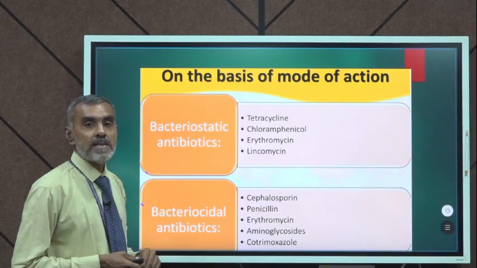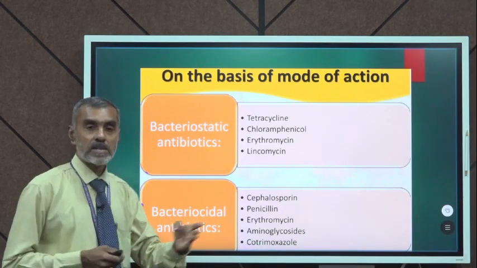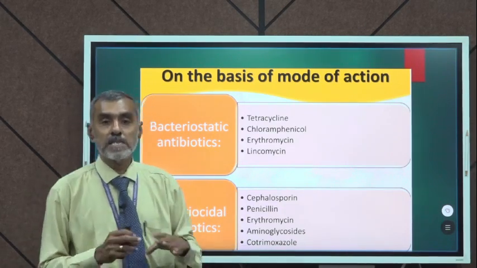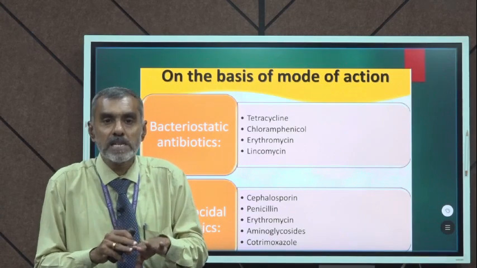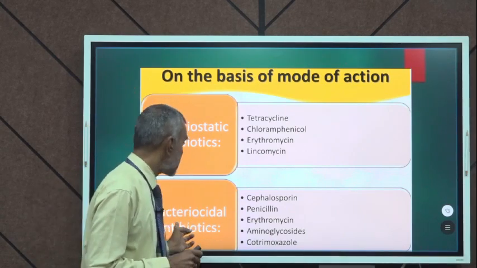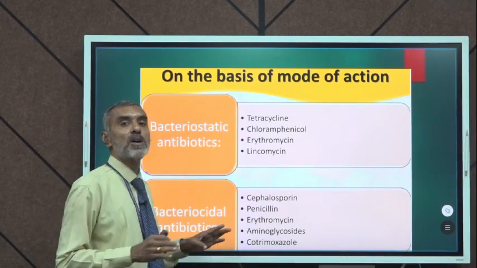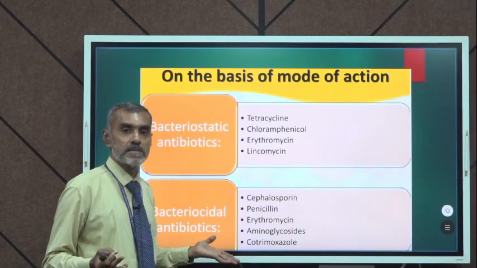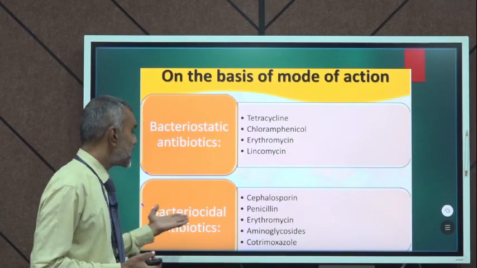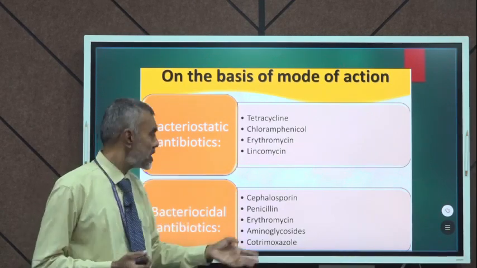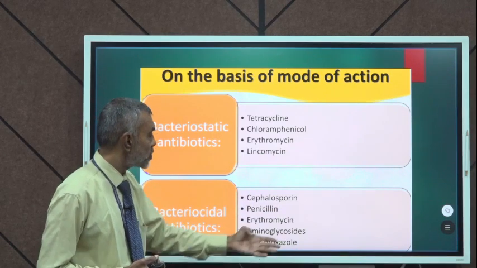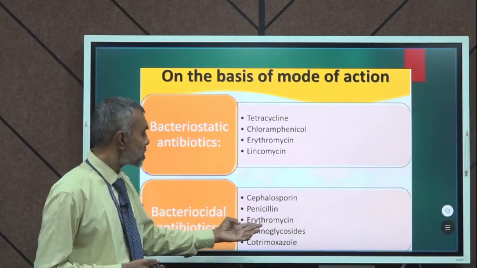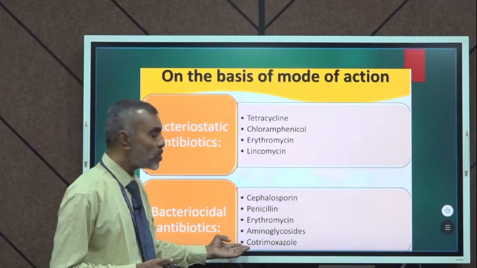And the other category is bactericidal. What do you mean by cidal? Cidal means complete killing. The antibiotic which can completely destroy the microorganism is a bactericidal antibiotic, for example, cephalosporin, penicillin, aminoglycoside, cotrimoxazole.